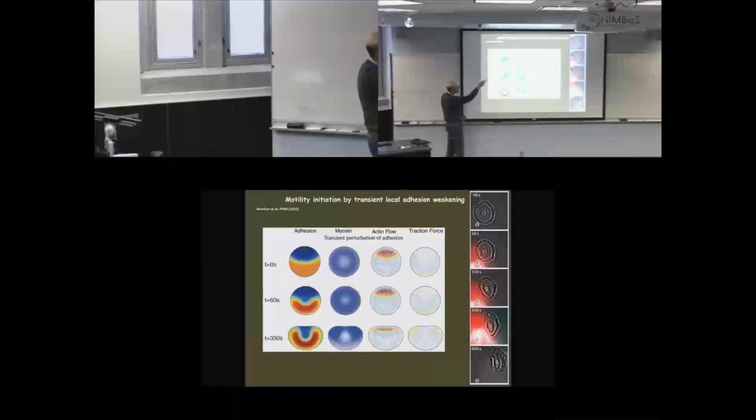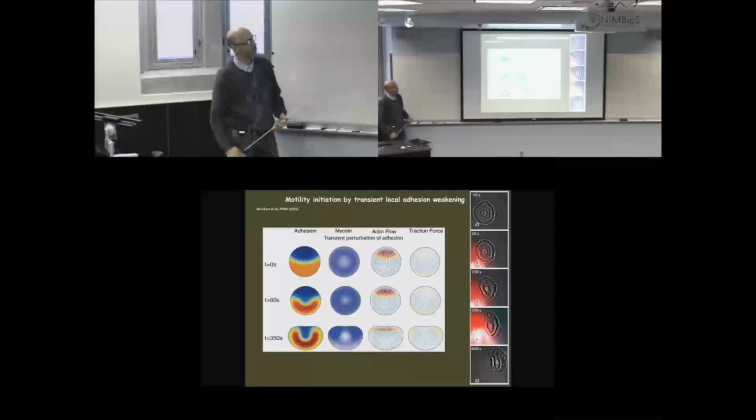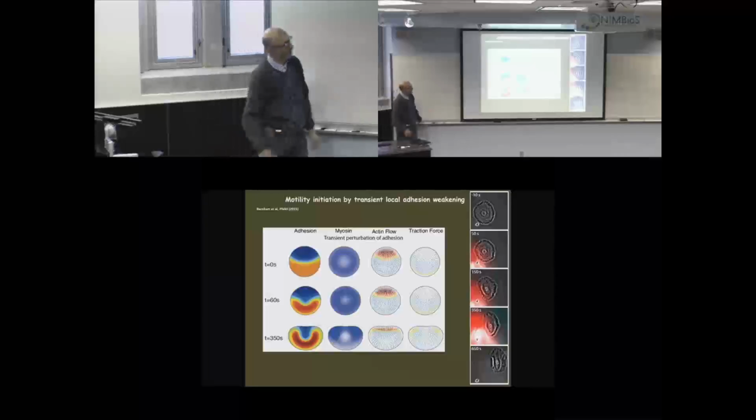Then the cell retracts from that side, starts moving in the opposite direction, and that's exactly the result of the experiment. When you blow from a micropipette a solute which weakens the adhesion at one side, the cell retracts from this side and starts moving in the opposite direction. And of course there are controls to show that it's not just a mechanical effect of the flow.